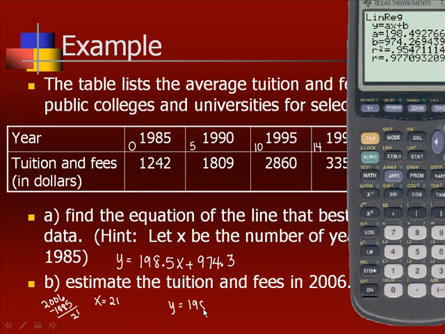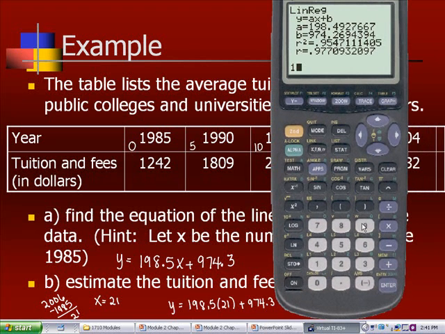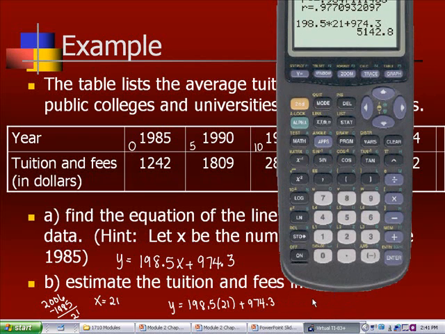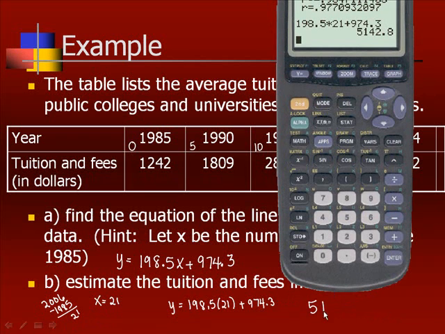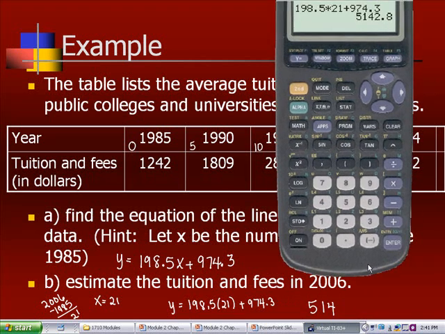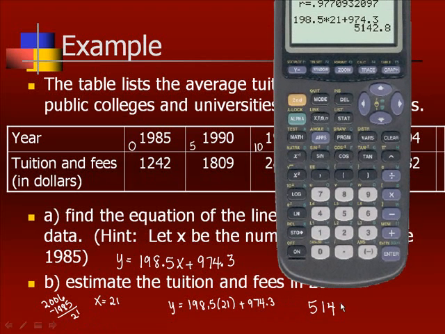So we get y equals 198.5 times 21 plus 974.3, which says that we would expect in the year 2006 the tuition to be $5,142.80.